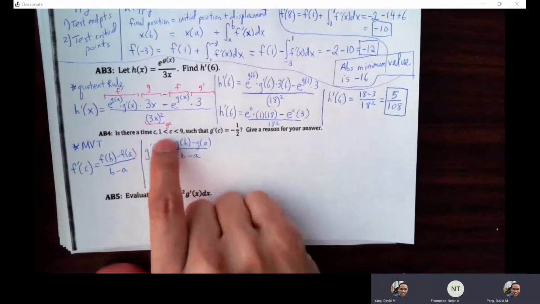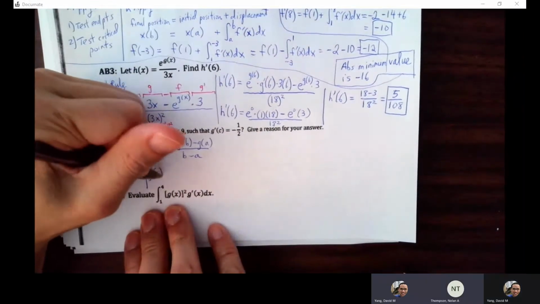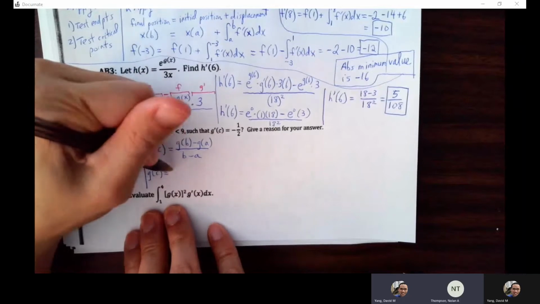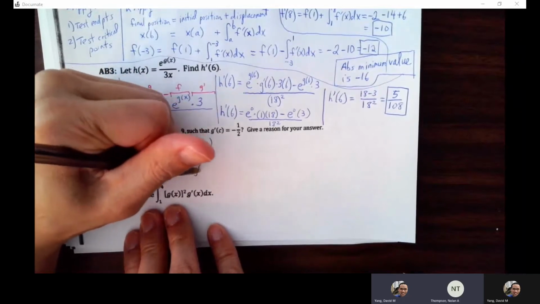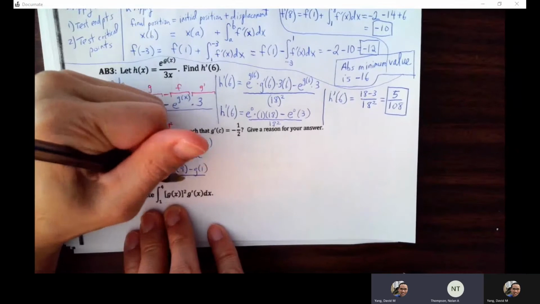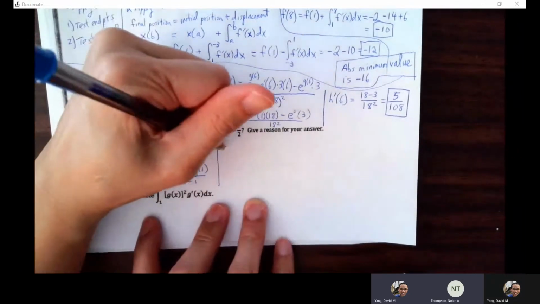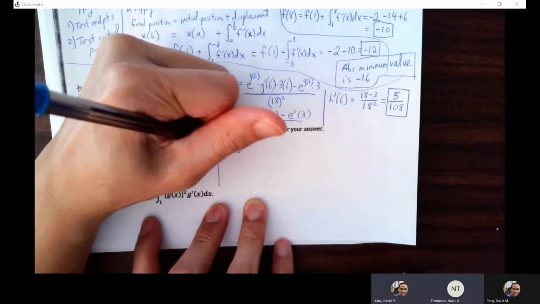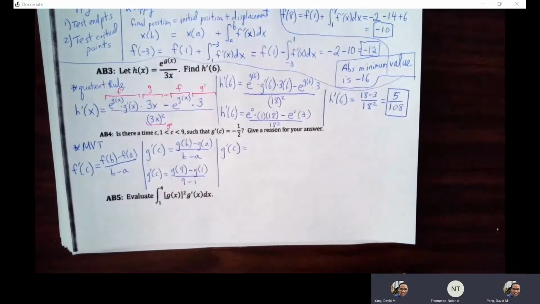Our a and b values are 1 and 9. And we just rely on our table, g of 9, g of 1.